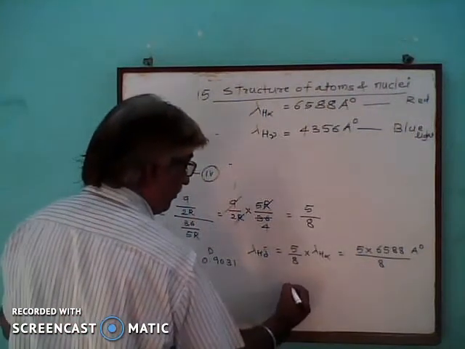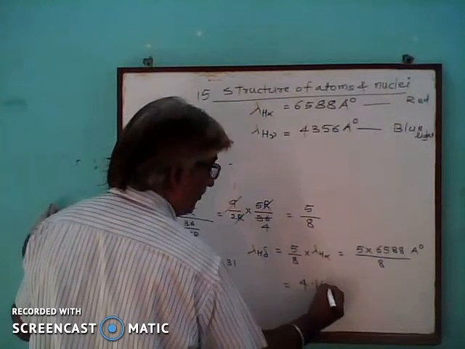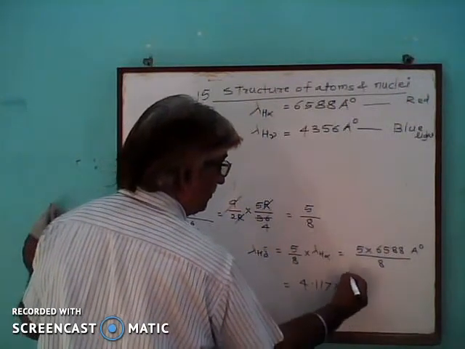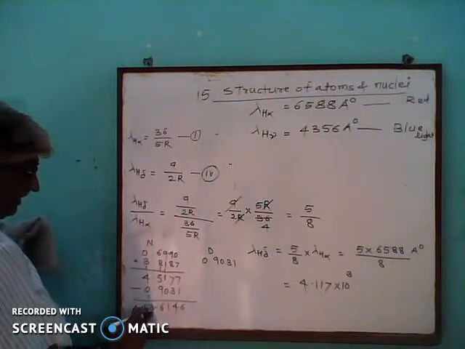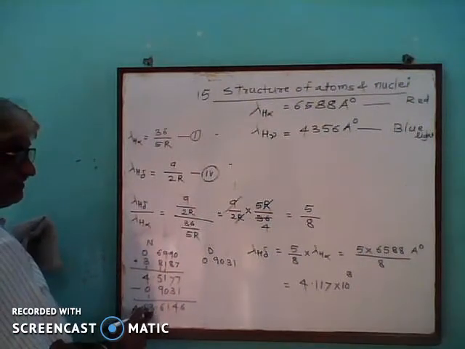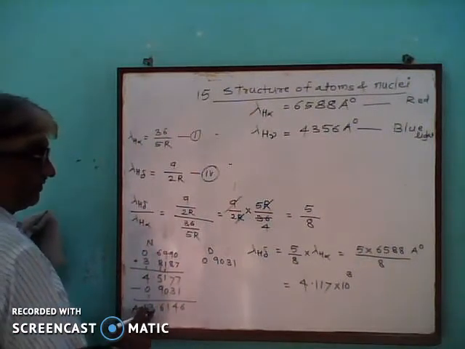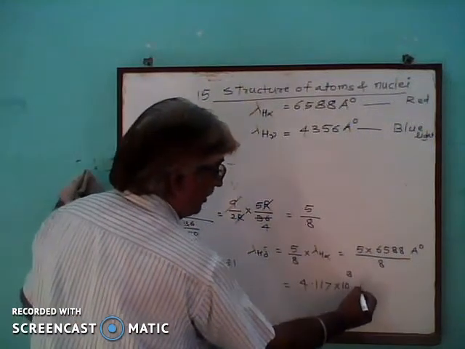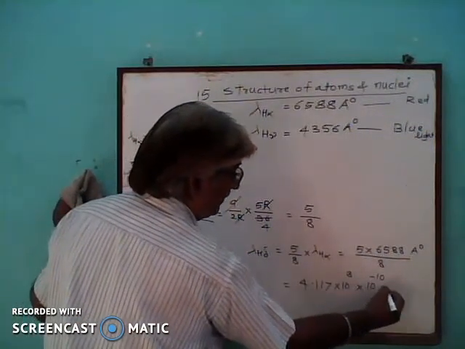It will be 4.117 into 10 to the power 3, into 10 to the power minus 10 meter.